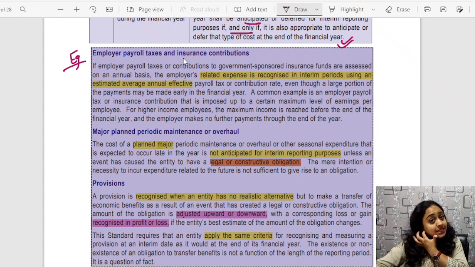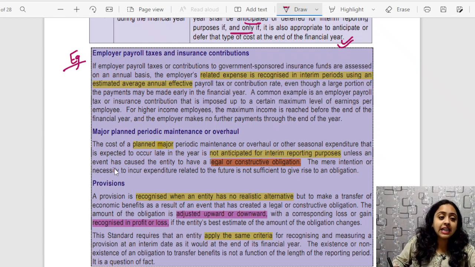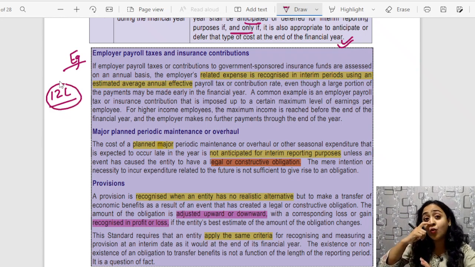Now, the slab rate wise income tax fluctuates across the whole year, so it is done on an average estimated basis. For example, if an employee has a 12 lakh salary, 1 lakh each month, we calculate tax on a slab rate basis for the whole annual year.